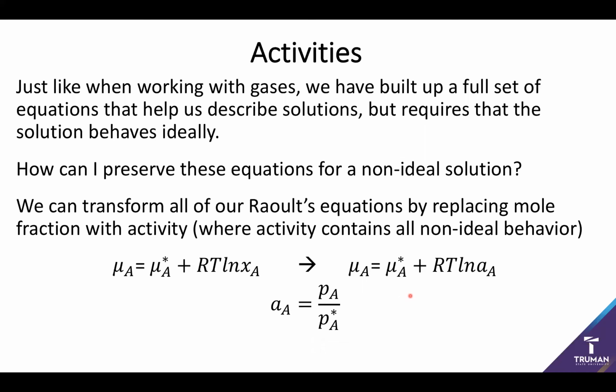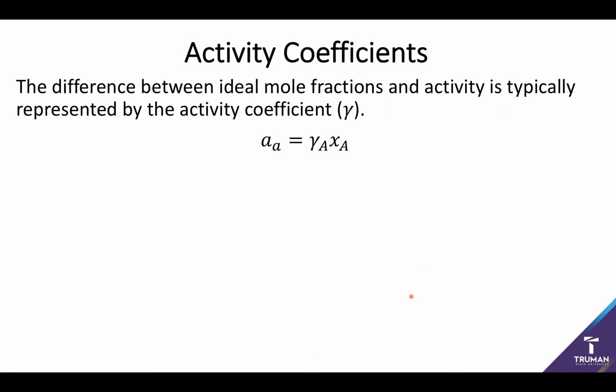And similarly, just like we used fugacity coefficients, here we can use the activity coefficient. So our activity coefficient, gamma, is essentially going to be the fudge factor that turns our mole fraction into the activity. So you can also imagine rewriting this as the ratio of the activity to the mole fraction.